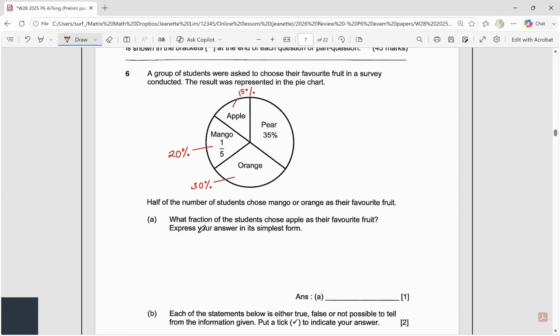Okay, so for part A, what fraction chose apple as a favorite fruit? Then I'll just convert this percentage into fractions, which is 15 over 100. Simplify, divide by 5. So 3 over 20.